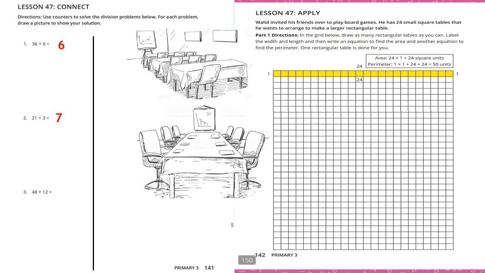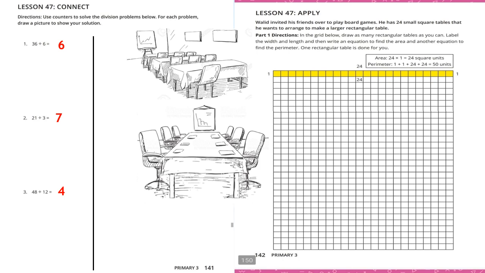12 times 4. Okay. Here in the apply part, Walid invited his friends over to play the board game. He has 24 small square tables that he wants to arrange to make a larger rectangular table.